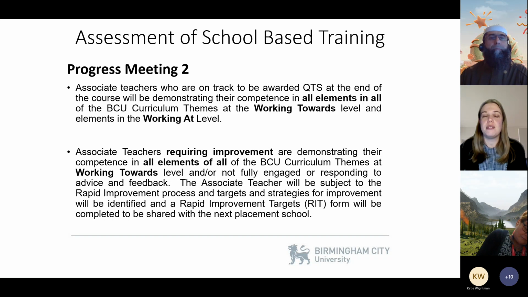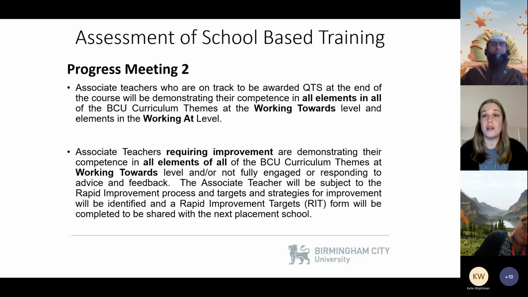By the end of the placement at the progress meeting, we expect them to have everything highlighted within the working towards column, and they're starting to demonstrate some competence in the working at column as well. So they're moving into that working at rather than working towards. And again, within the progress meeting, this will be discussed with the university tutor, the associate teacher, and school colleagues as well, because obviously school colleagues, you're the ones that will be working with them day in, day out.